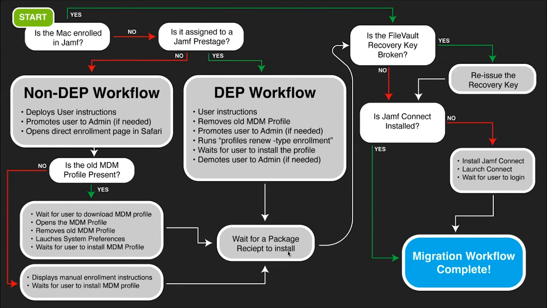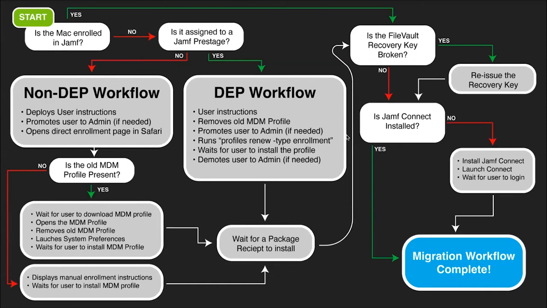There's a period of time that if we try to run other policies after that, they're going to fail because it's not going to have the correct grouping and stuff like that inside of Jamf. So instead what we do is we have a while loop that continually tries to run this package receipt. And until that file is in place, it's not going to move on to the rest of the process.